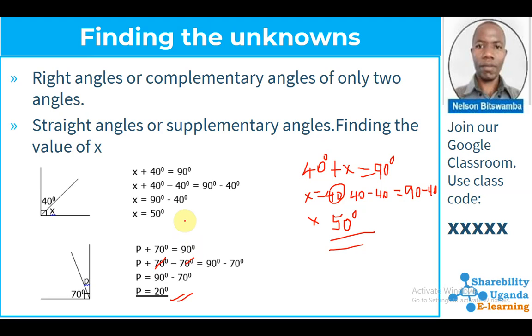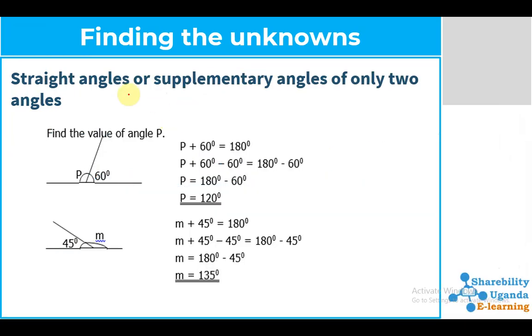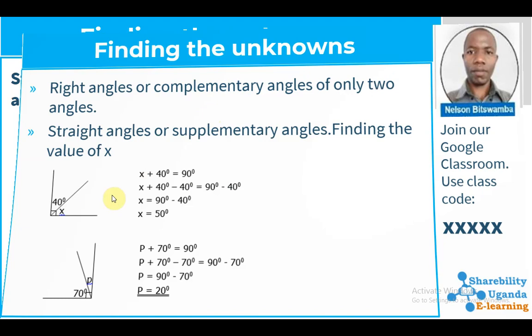Let's look at how we can solve another category of missing value when you are given a certain type of angle. For example, we are also going to deal with straight angles, or supplementary angles of any two angles. Here we can look at the types of angles that are given. It is totally different from the right angle that we have solved.